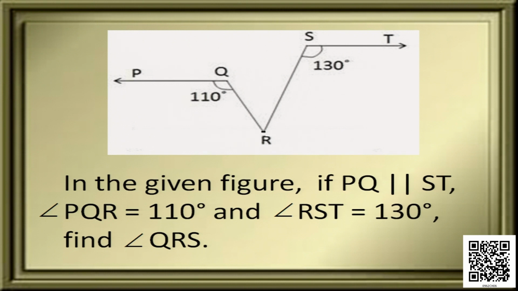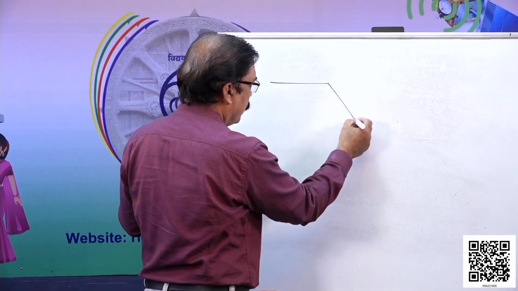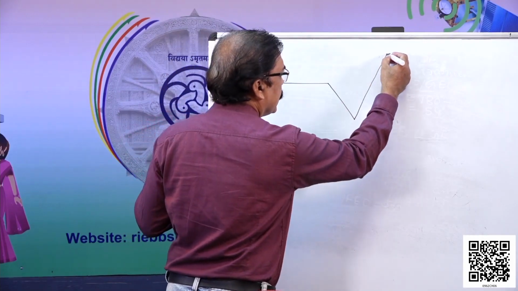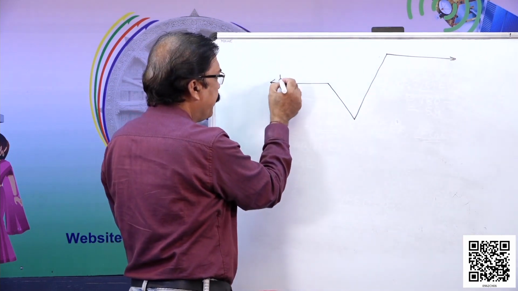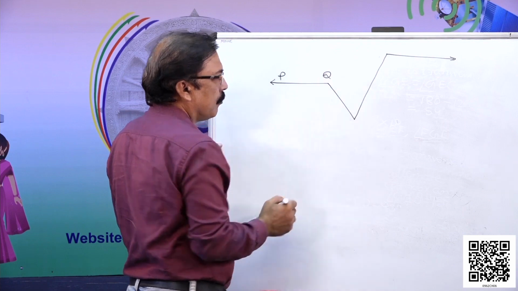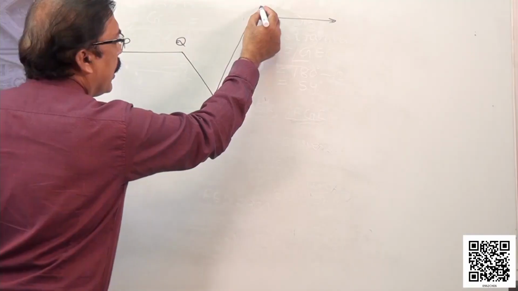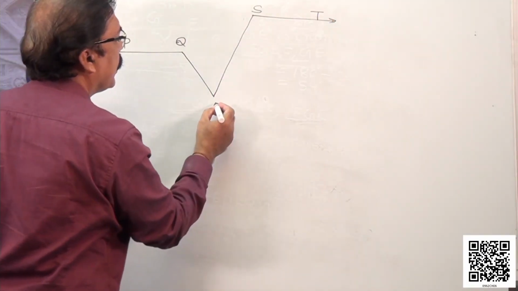What is the measure of angle QRS? Now you see, the figure is like this. Here it is PQ and ST and this is R.